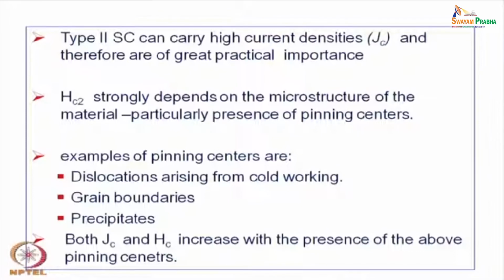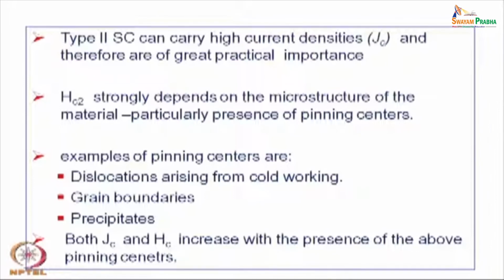In this case also, for superconductors, Jc is the current carrying capacity, or in other words, it is called the critical current. So, both Jc and Hc can increase in the presence of the above pinning centers. We will see some actual values, how they can be changed by introduction of these kinds of pinning centers.